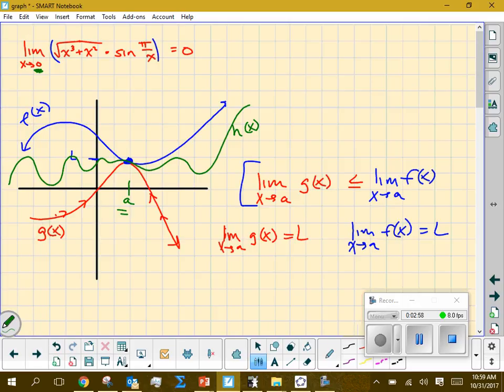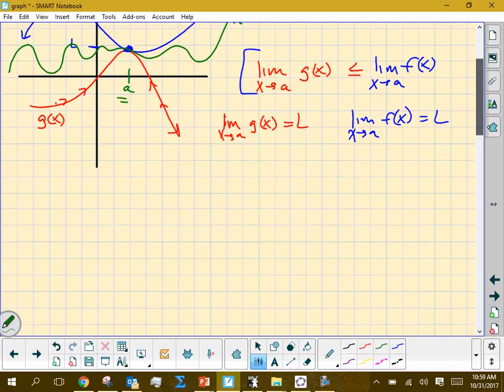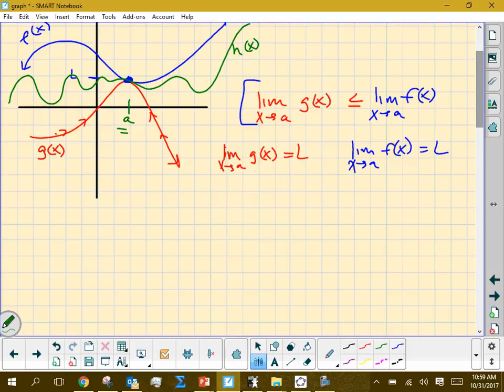But if we look at them graphically, the concept is that the limit of g of x as x approaches a is less than the limit, in blue again, of f of x as x approaches a.